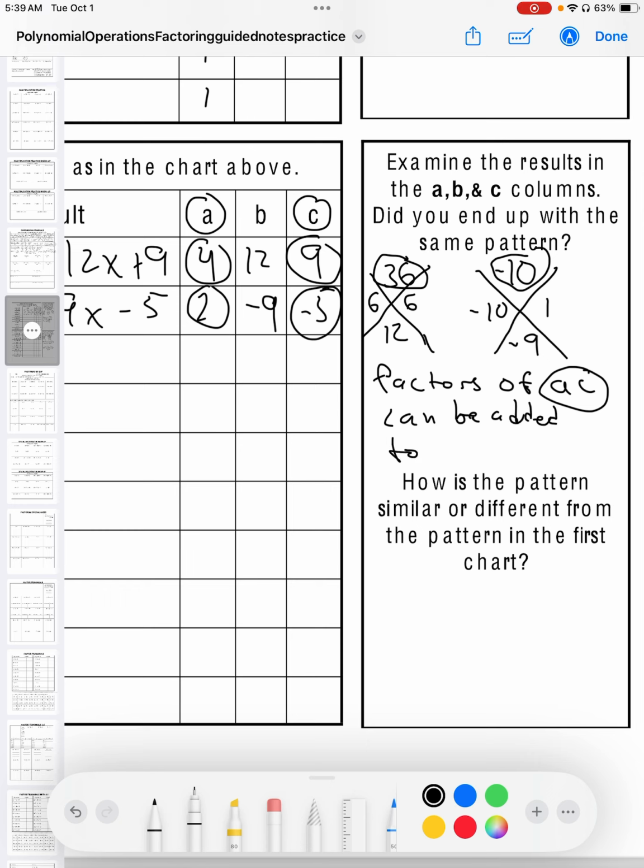So the factors of 36, which we got by doing 4 times 9, can be added to get 12. The factors of negative 10, which we got by doing 2 times negative 5, can be added to get negative 9. So that is the pattern to be looking for on this one.